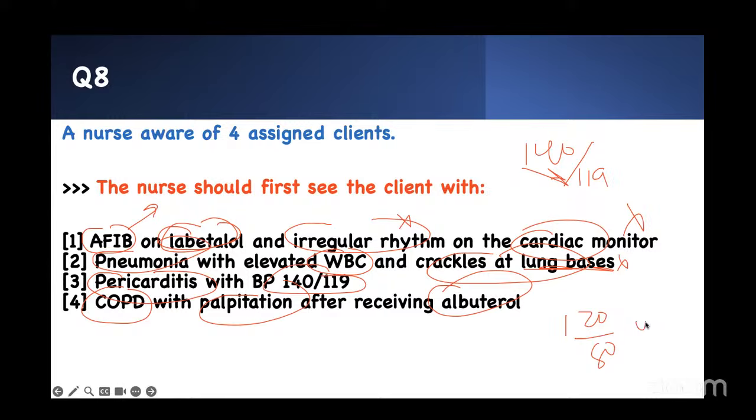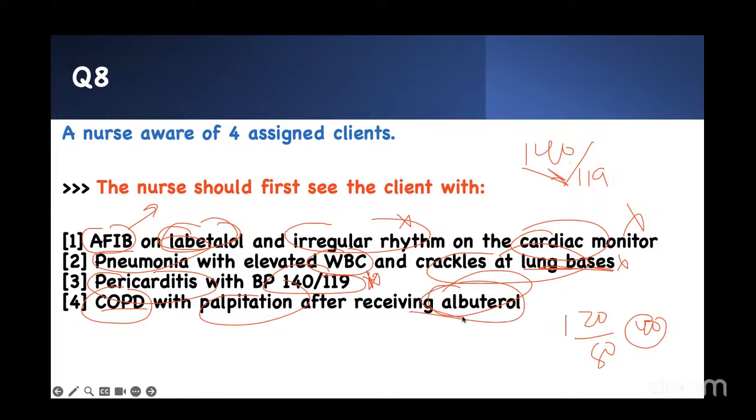You can see the difference is close to 40. This pressure difference is less than 35. It's a problem. This is what we call narrow pulse pressure. A pericarditis patient with a narrow pulse pressure means they have what? Cardiac tamponade from constrictive pericarditis. This patient is in trouble.